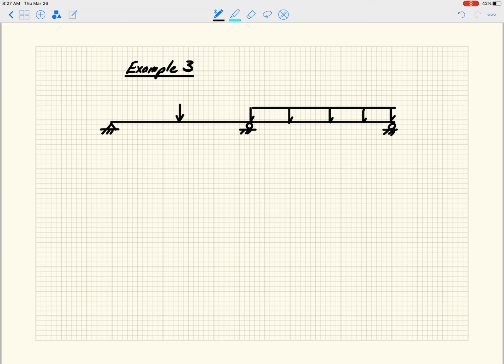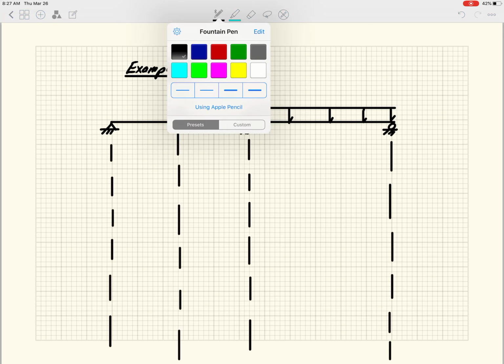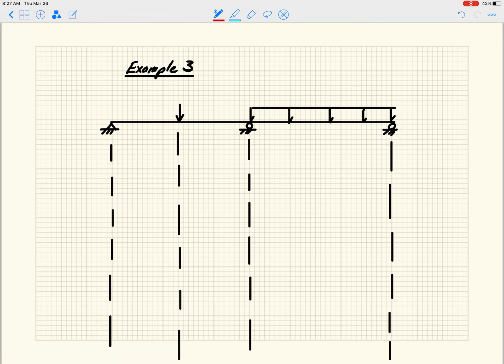Okay, so this is actually a statically indeterminate problem, right? We have 4 reactions, we have 3 equations of equilibrium, but I wanted to do this one to show you that the same approximate method has to apply, right? So it still is going to work even though this is a statically indeterminate structure, right?